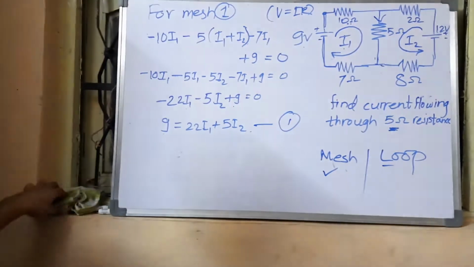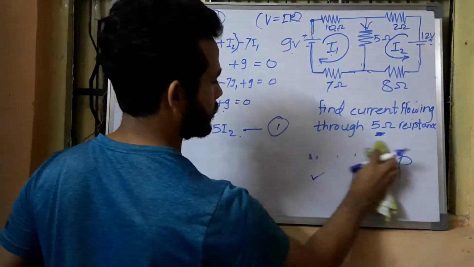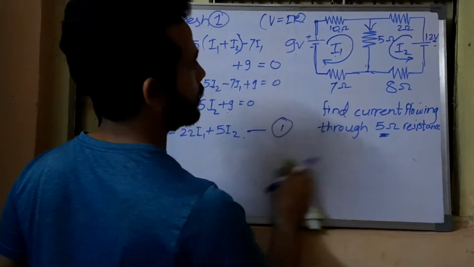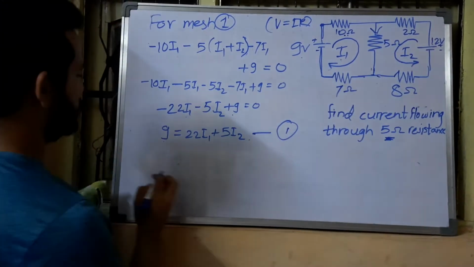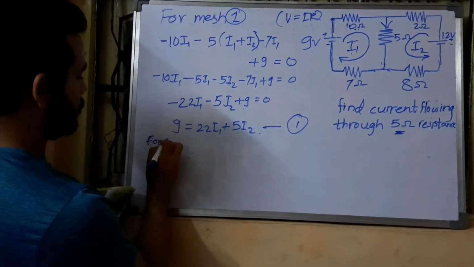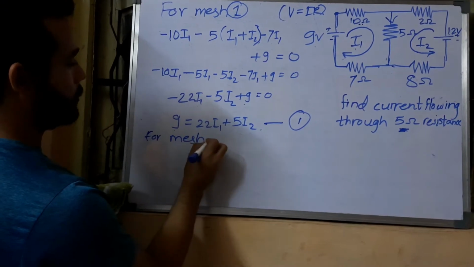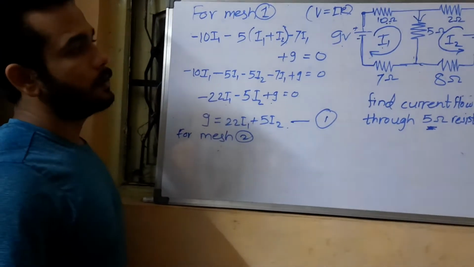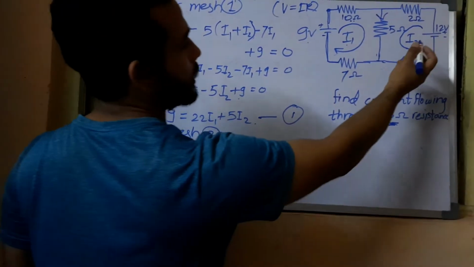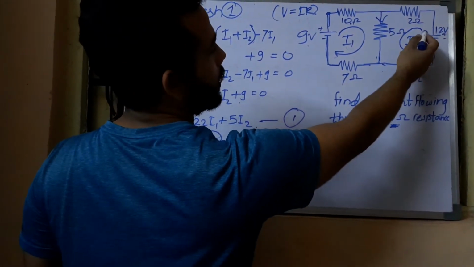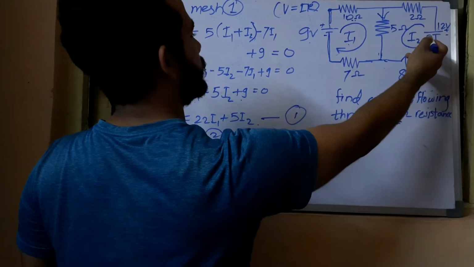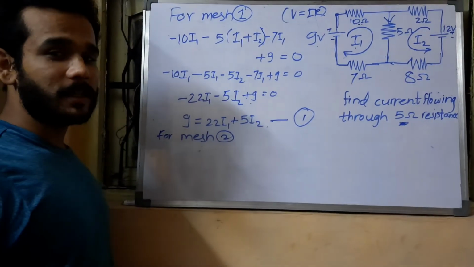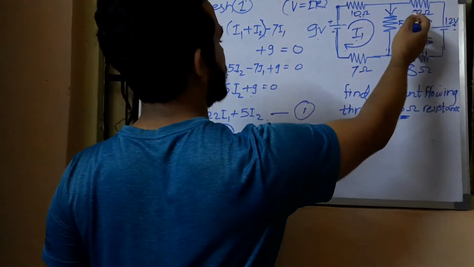Now we will find equation number second for mesh 2. We have decided the direction of I2 like this, from positive plate to negative plate, and we are also tracing the circuit in the same direction of I2.